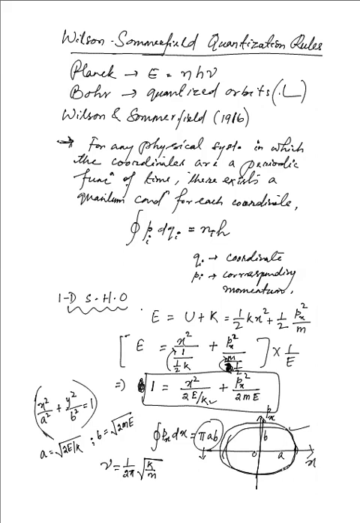So we have pi, and instead of a we have the value root over 2e by k, and instead of b we can have the value of 2me. Now the e's get multiplied, so we have this to be equal to pi. The 2's get multiplied, so we have 2 pi.